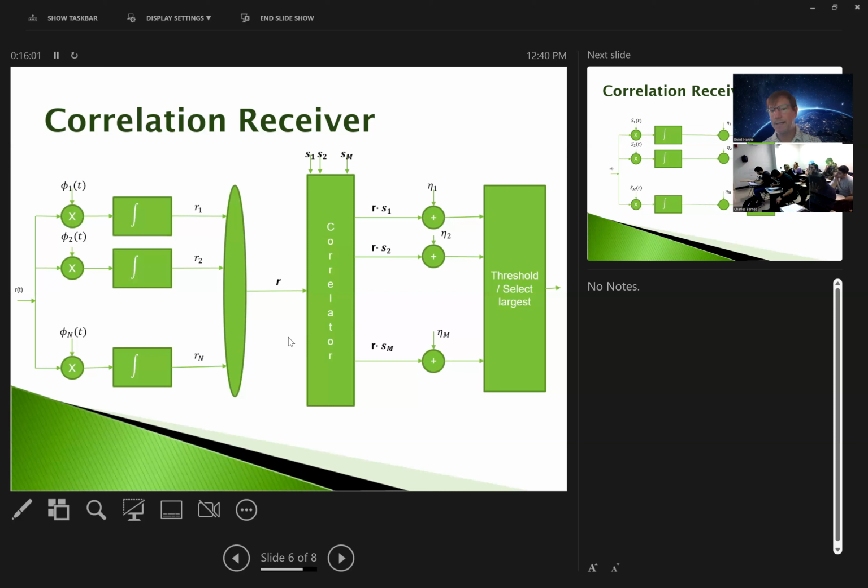There's a process outside of this diagram that does all that timing, trying to figure out when the symbol starts and when it ends, and when the next one starts and when it ends. There is a process in a receiver that does that. We call that timing recovery. Given that, then we just repeat this process over and over again for every symbol.